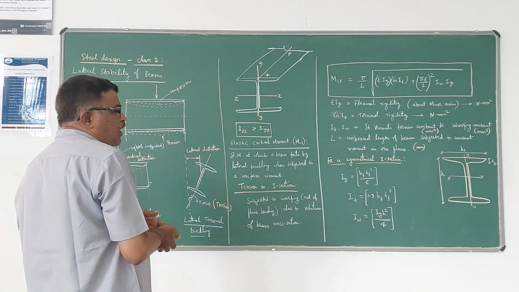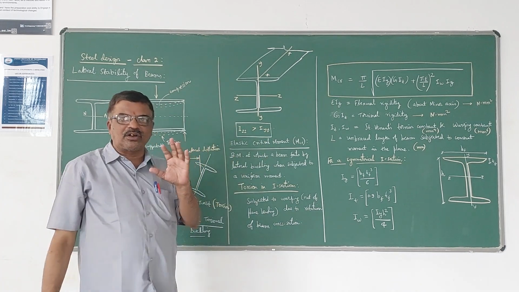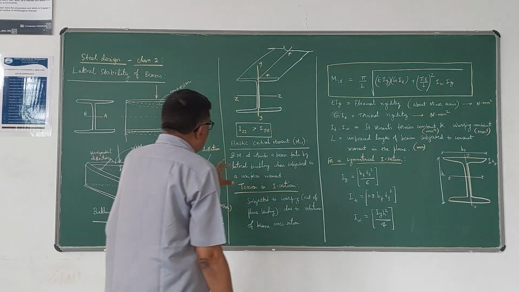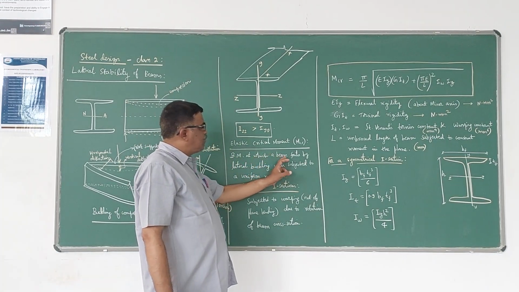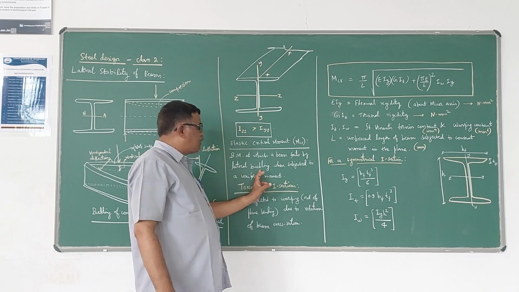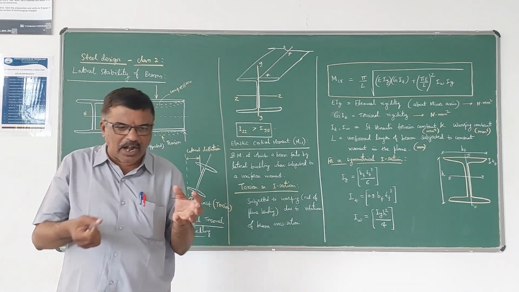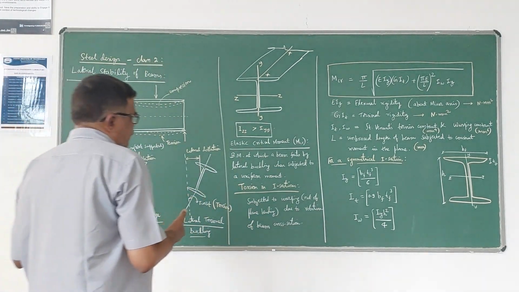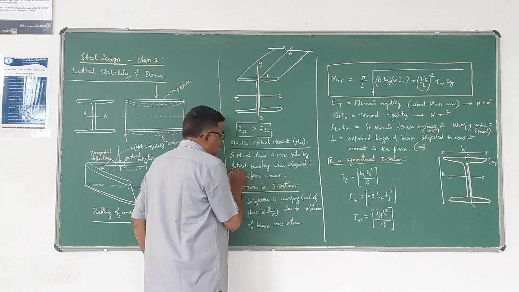Now we are going to define an important term called elastic critical moment in the case of laterally unrestrained beams. It is defined as MCR, the bending moment at which a beam fails by lateral buckling when subjected to a uniform moment. So this is the ultimate moment that a beam can take when it undergoes lateral buckling.